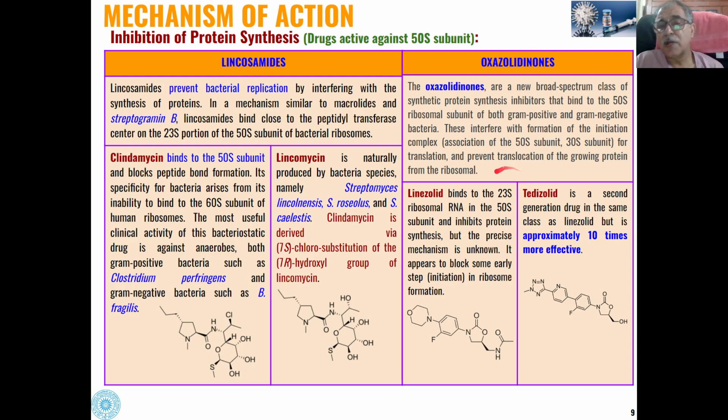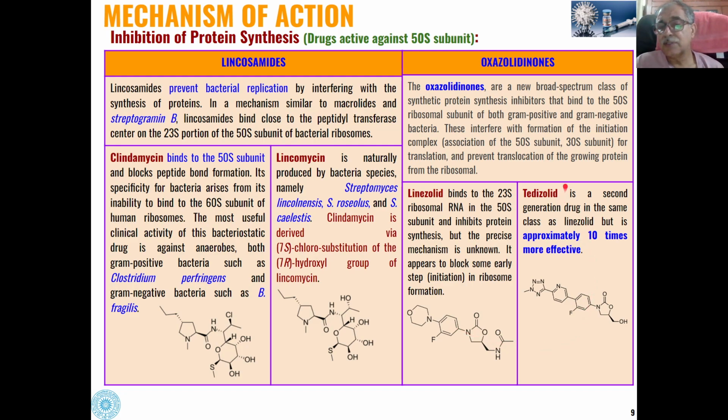Linezolid binds to 23S ribosomal RNA in the 50S subunit and inhibits the protein synthesis. But the exact mechanism of its action is not known. It is thought that it will block some early step, that is initiation complex formation will be affected because of linezolid.